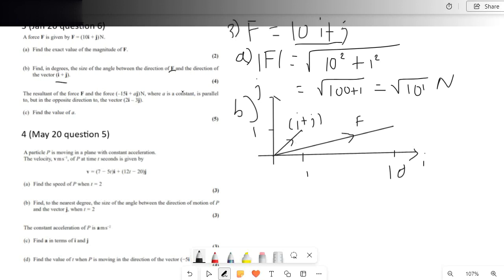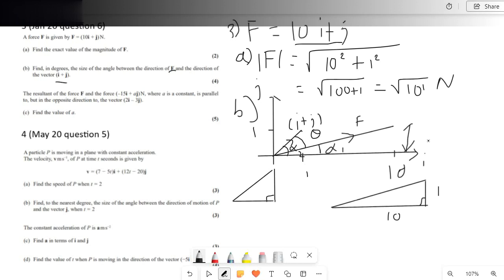So to find out the angle between F and the direction of i plus j, we have to calculate this angle, which is theta. So we can calculate this angle first, known as alpha 1, and we can also calculate this whole angle, which is alpha 2. So we have two right angle triangles, one being like this and another being something like this. So here this length is 10 and this is 1, and here this is 1 and this is 1. So this should be alpha 2 and this should be alpha 1.